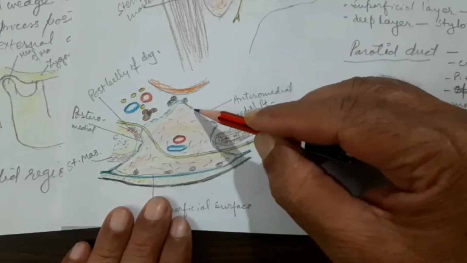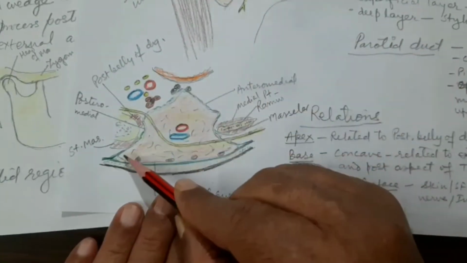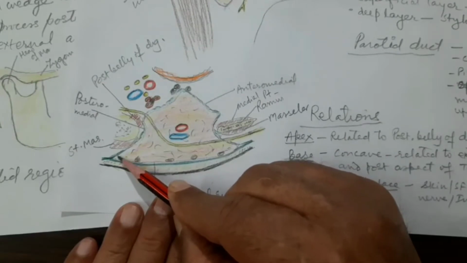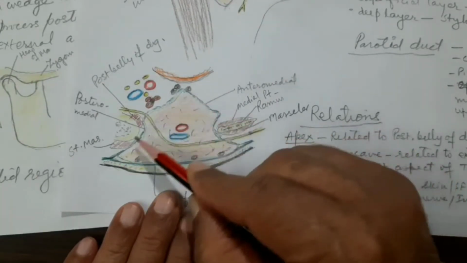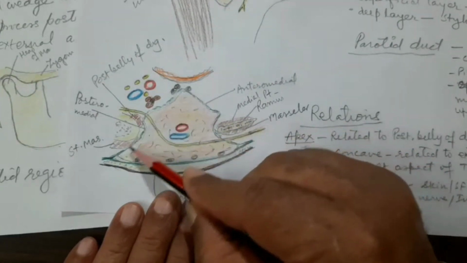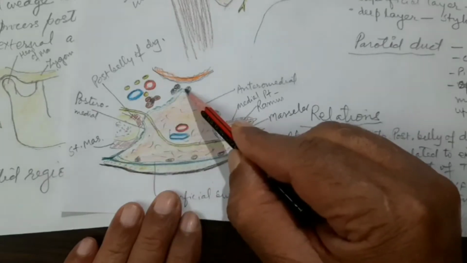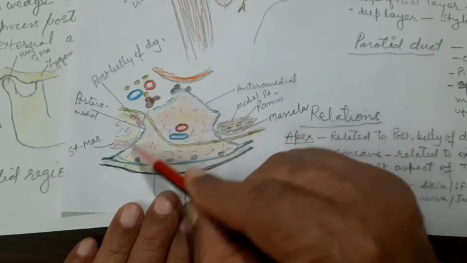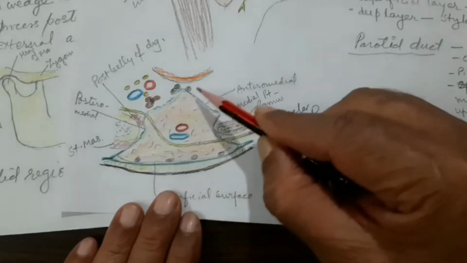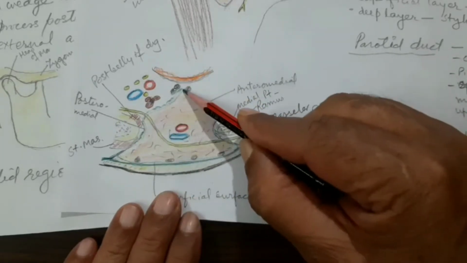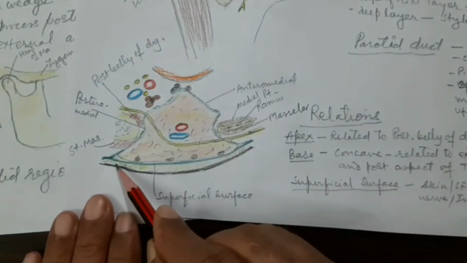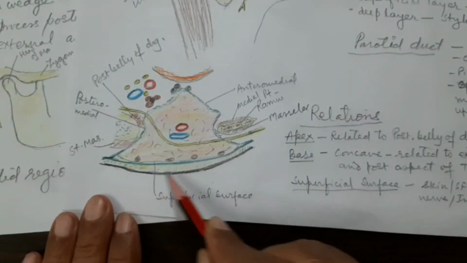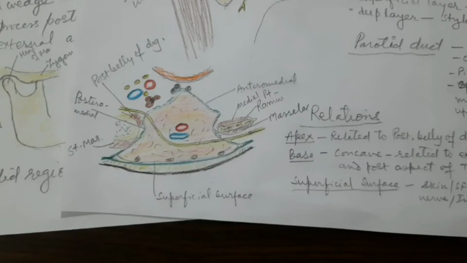On this side is the posterior border and this is the medial border, and extending between the posterior border and the medial border is the posteromedial surface. So note down posteromedial surface and anteromedial surface, and this is the lateral or superficial surface.